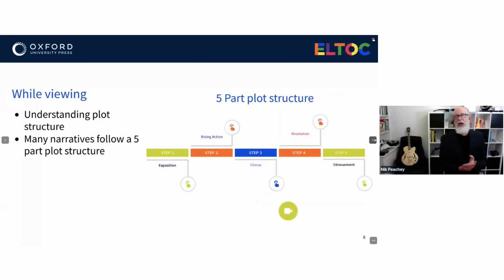This is another interesting viewing task, and it's a good one to lead into developing multimodal literacy as well, because it's about understanding plot and how plot is structured through a video. And this is a classic example of a five-part plot structure that you can get students to explore.